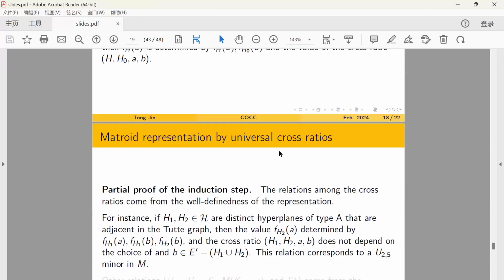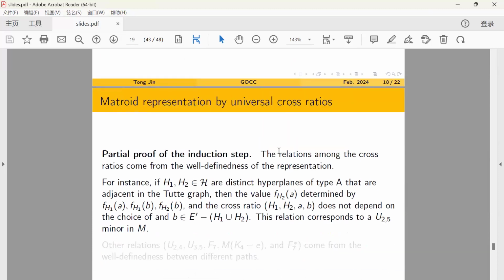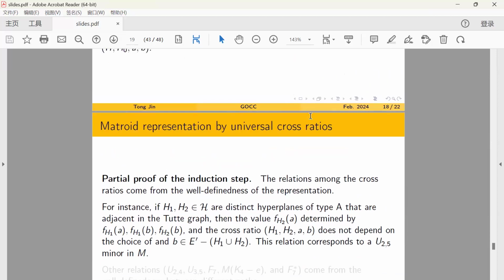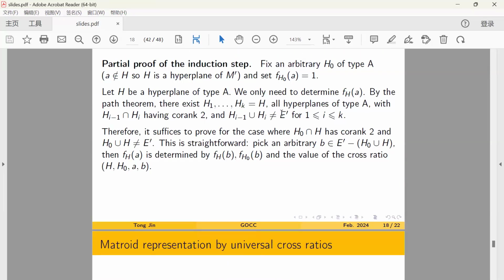Well, that is why we do need those relations. The relations among the cross ratios come precisely from the well-definedness of these representations. For instance, for type A we made 2 different choices. We had to choose a path, and we also have to choose some element outside the union of the two hyperplanes.